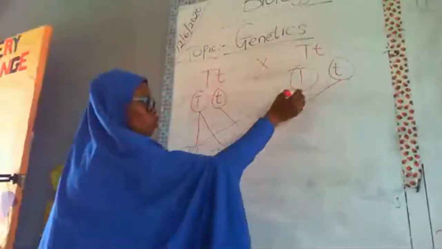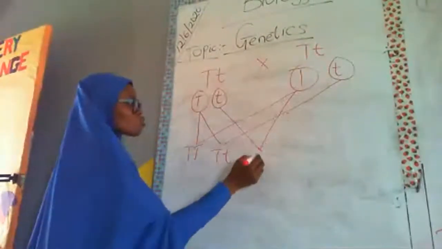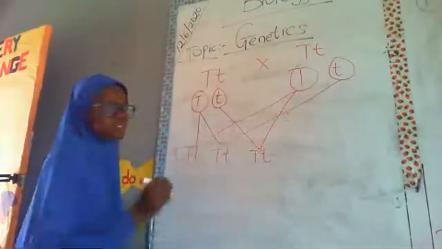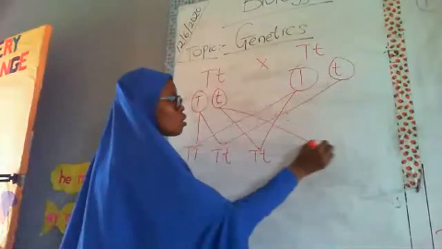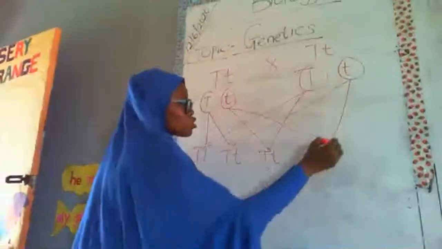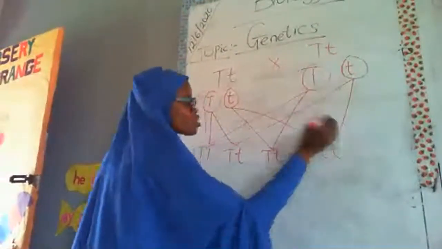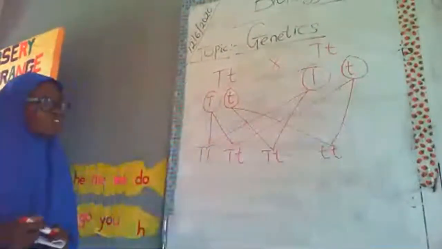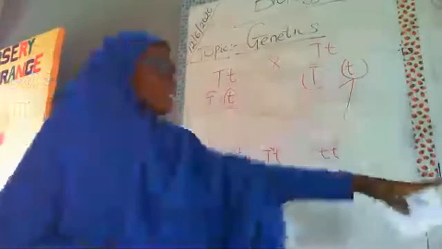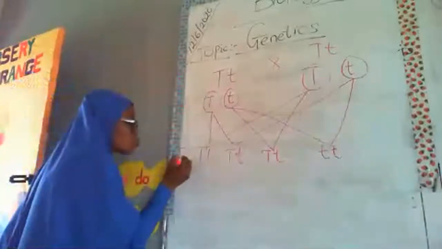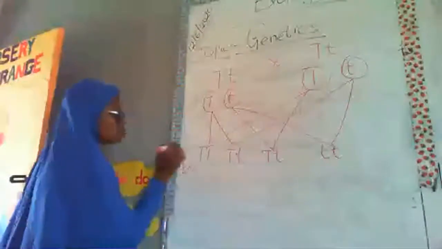Now, this one must also cross this one: capital letter T, small letter t. Then this one must also cross this one, then we have small letter t, small letter t. Can you see that the F1 generation is different from the F2 generation?